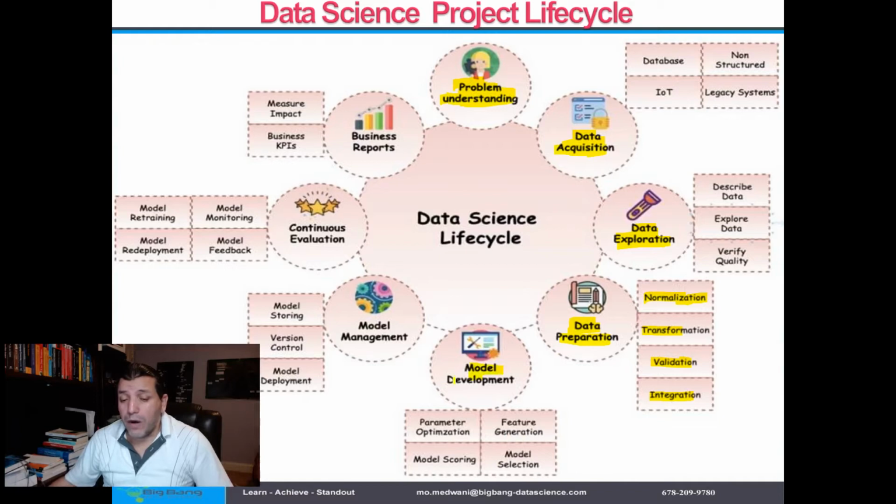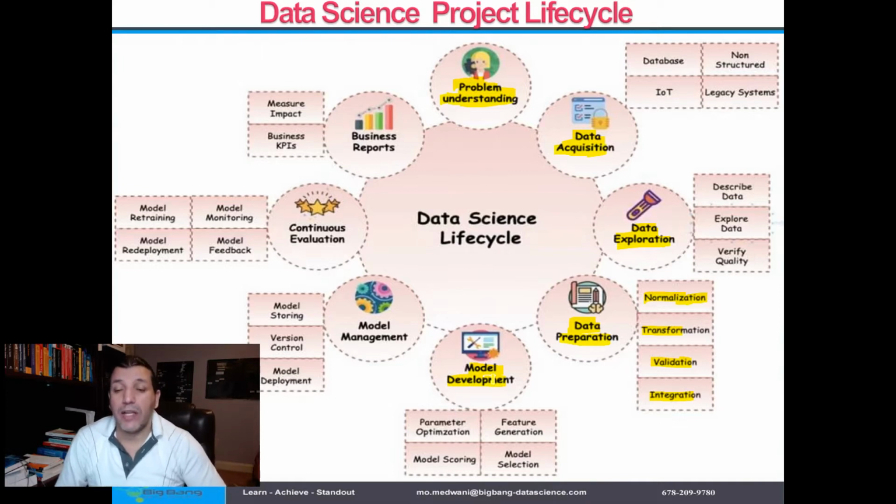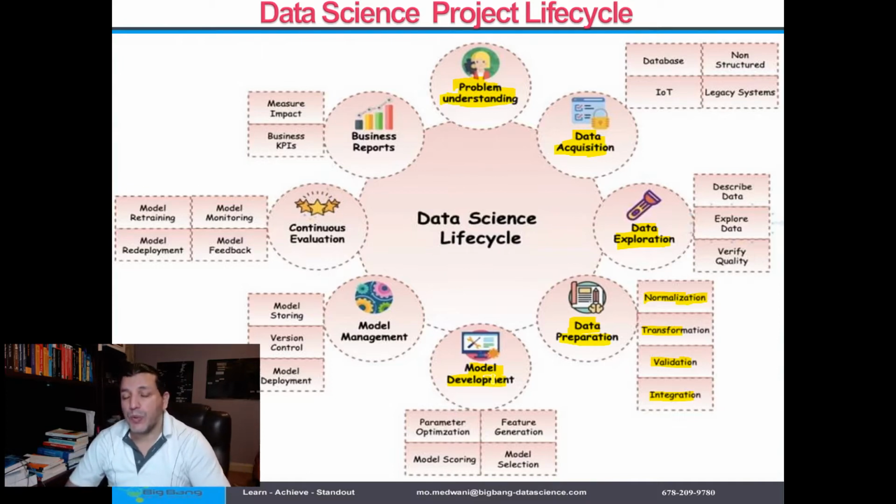So in model deployment, this is where we get the models. We will determine the type of models we are going to use, depending on the type of the data that we have and the type of the problem we're trying to tackle using machine learning and data.